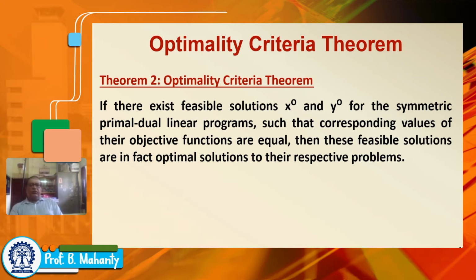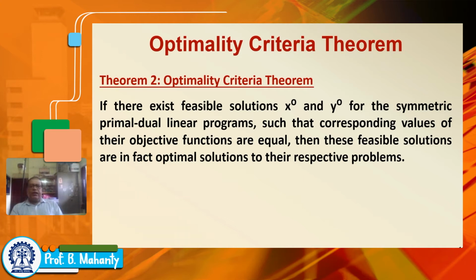What was already known, it is actually stating it very clearly now, that if there exist feasible solutions x0 and y0 for the symmetric primal dual linear programs such that the corresponding values of their objective functions are equal, then these feasible solutions are in fact optimum solutions to their respective problems.